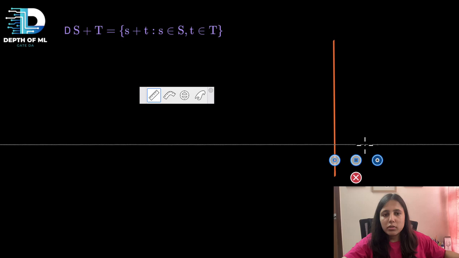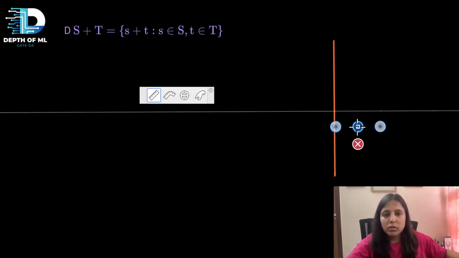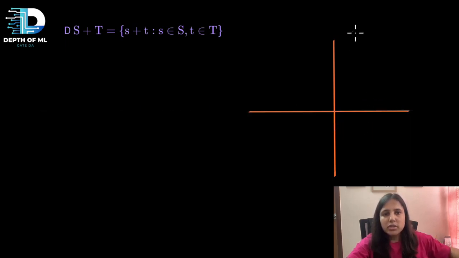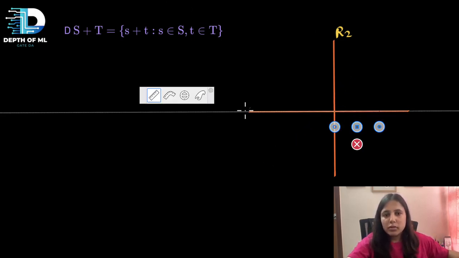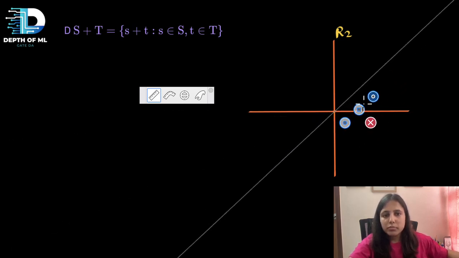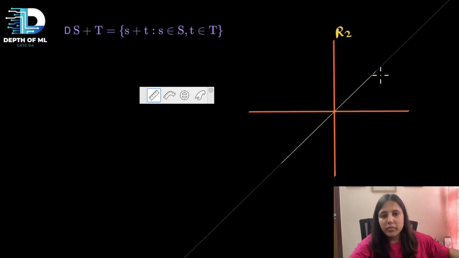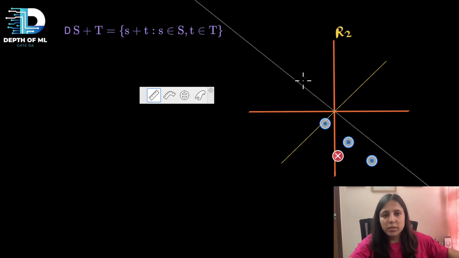So suppose this is my R2. This is R2 and I have a vector subspace which is here. Let me again use the line only. So this is one vector space. Then say this is another vector space.